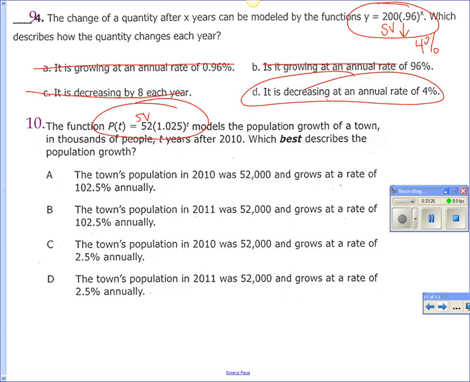Stephen A, what else do you know about that? Increasing or decreasing? Good, so I'm going to put an up arrow. I know it's increasing. And Chase, what would be the percentage? Very good, 2.5%.